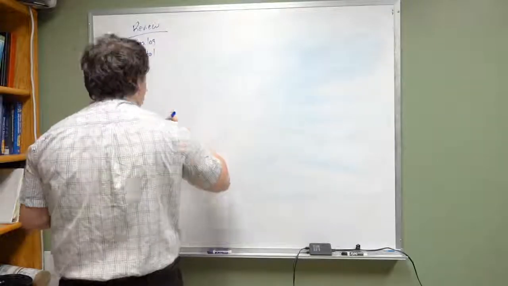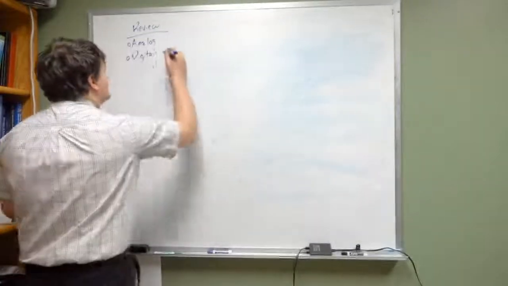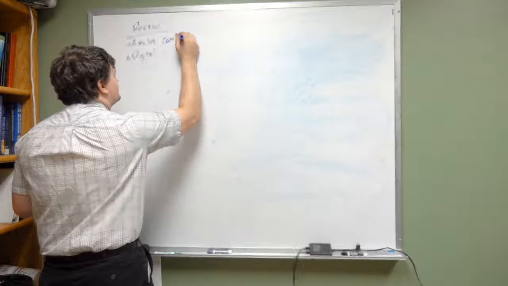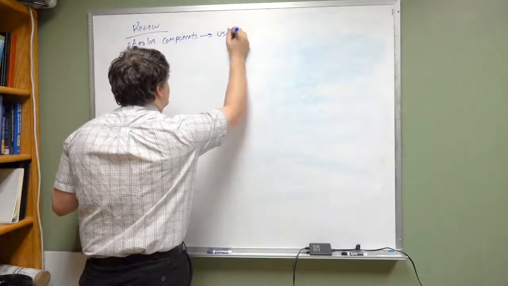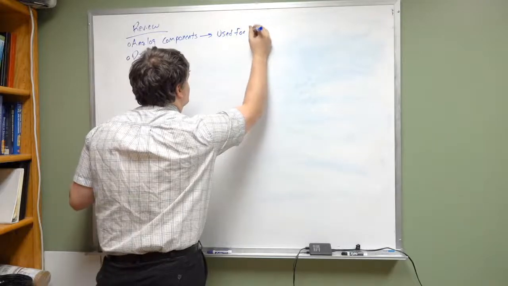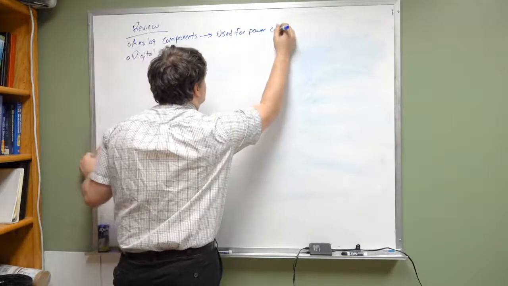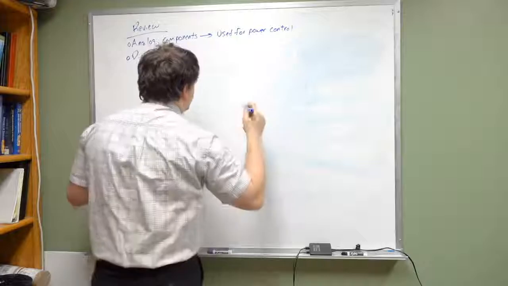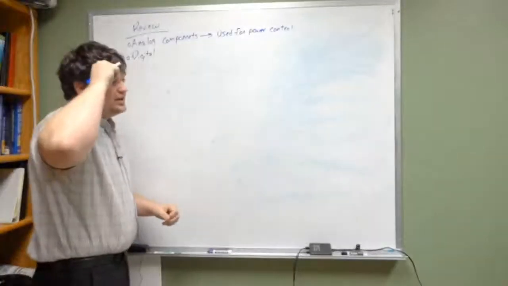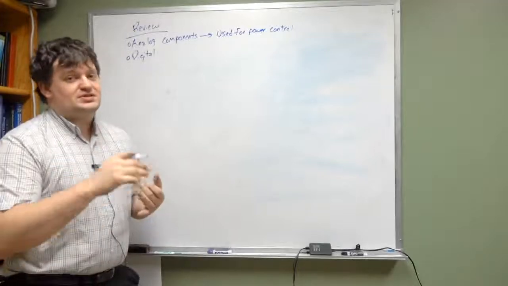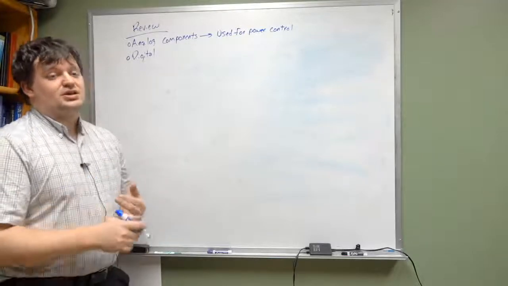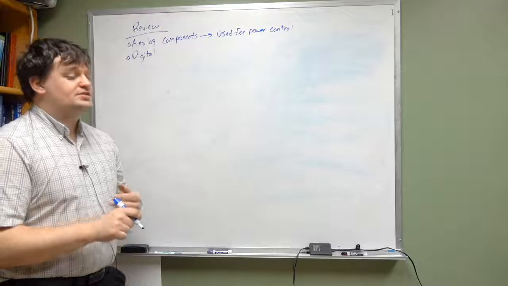Analog circuits and analog components are really used for power control. The reason power control is necessary is because you need to limit voltage, you need to limit current, you need to adjust voltage or current.